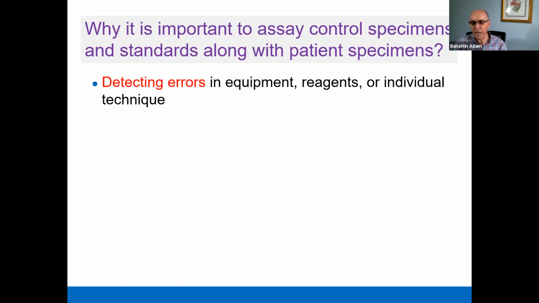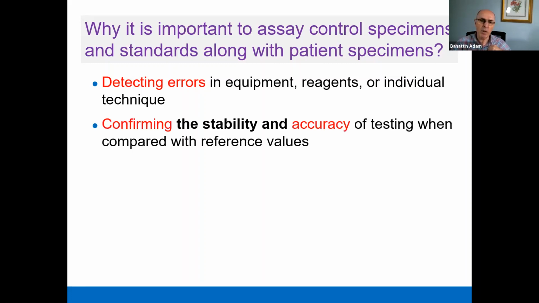Some techniques may be prone to error. To detect such errors, you have to assay the control specimens and the standards, whose level is known.